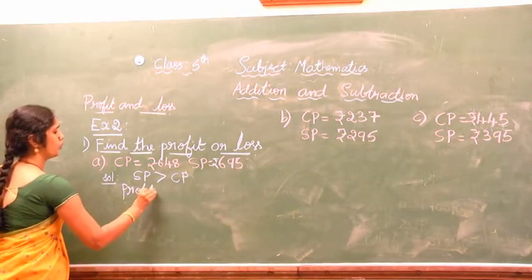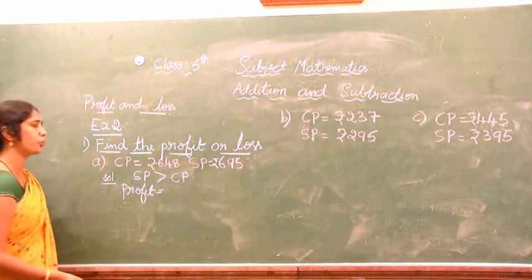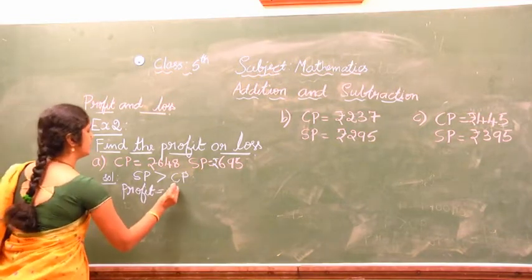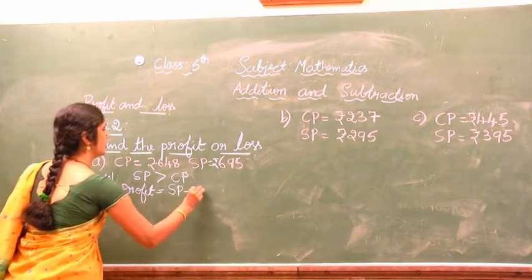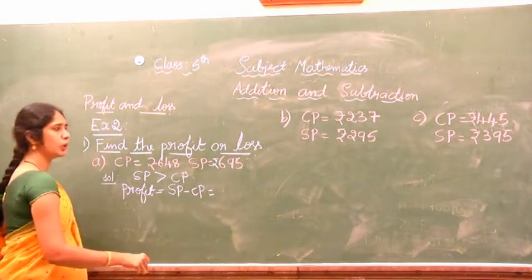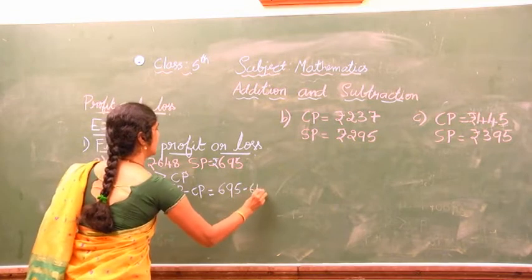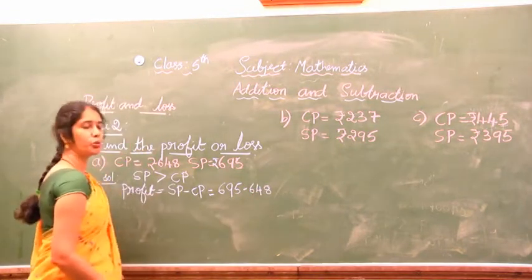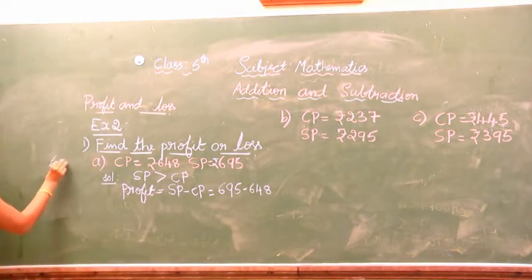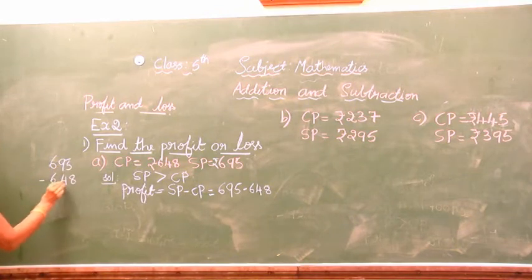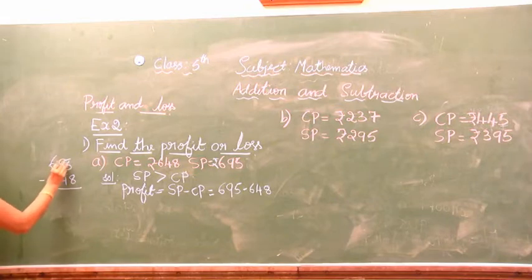Okay, how much profit did you get? See, selling price minus cost price is equal to 695 minus 648. You have to do subtraction here. 695 minus 648. What you will get? 5 minus 8 not possible.